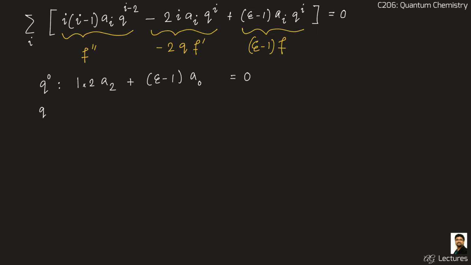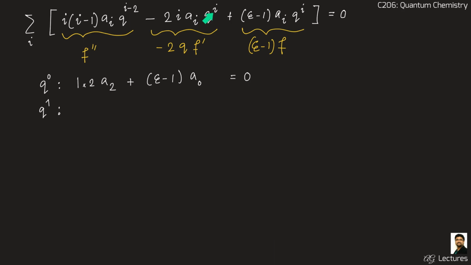The next one is q to the power 1, and we can similarly check that q to the power 1 comes when i becomes 3. When i becomes 3, this becomes a3, and this is 3, and then this is 2. So I'll write 2 times 3 a3 as the first part, and then q to the power 1 also comes from here.